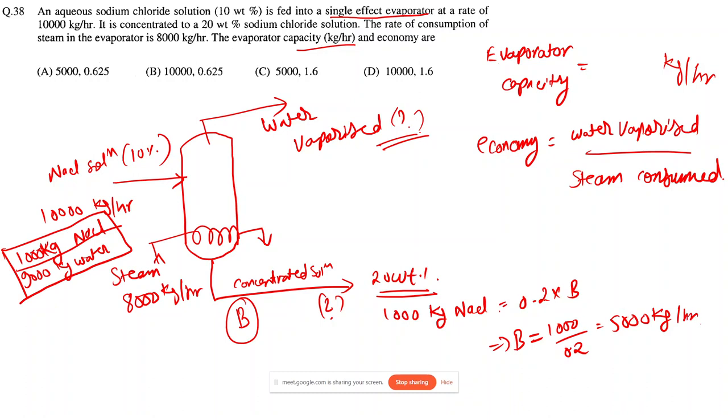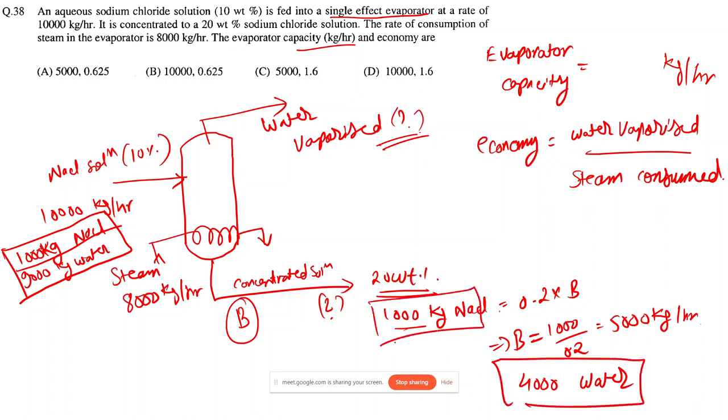Out of this 5000, 1000 is already NaCl and the remaining 4000 will be water, and 1000 kg NaCl. Now in the top we have to find the water vaporized. This steam will not take part in any of this material balance. It will just provide heat to the system, so at the exit it will also remain 8000 kg per hour only.